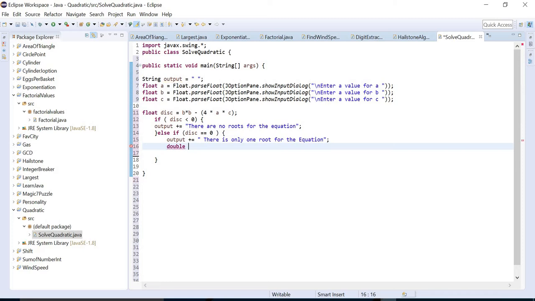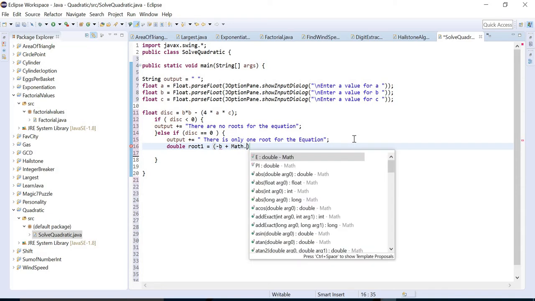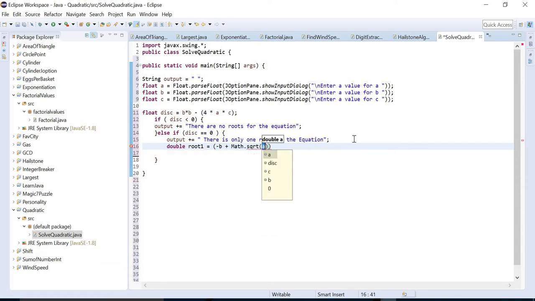Double root1, we're calling it root1, equals, okay, negative b, we got to be really specific with our parentheses here, negative b plus Math.sqrt, we're calling on Math dot sqrt because there's no radical, we can't put a radical here in Java, discriminant, okay, and then we want that all divided by 2 times a.